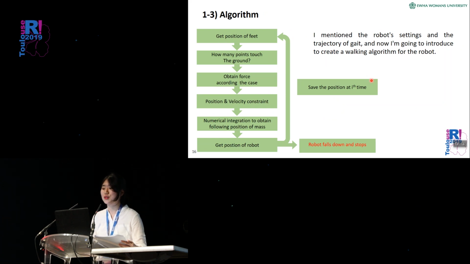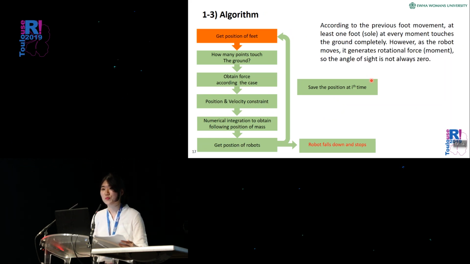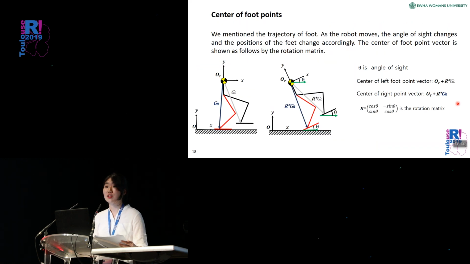I mentioned the robot setting and trajectory of gait. And now I'm going to introduce how to create a working algorithm for the robot. As the robot moves, it generates rotational force, so the angle of sight is not always zero. We mentioned the trajectory of foot. As the robot moves, the angle of sight changes and the position of feet change accordingly.